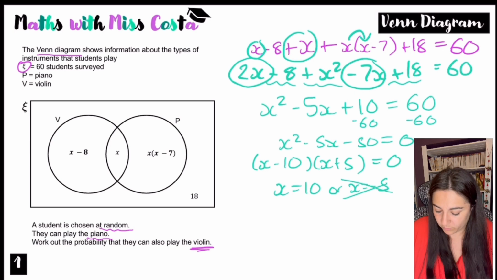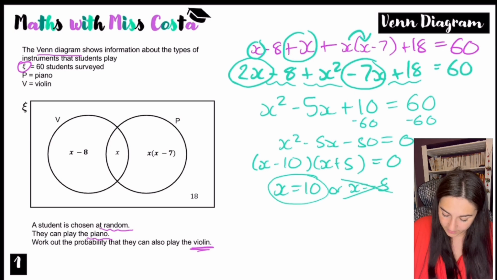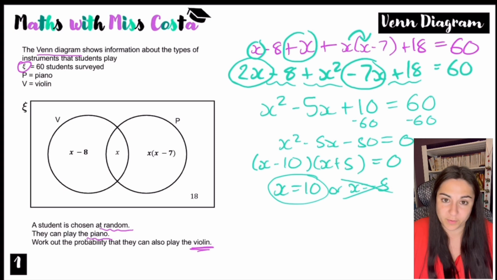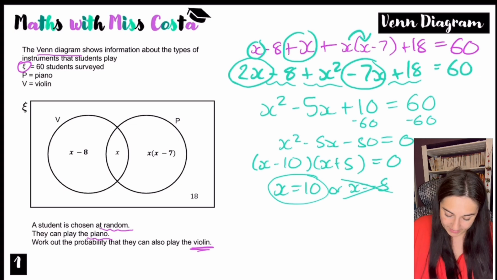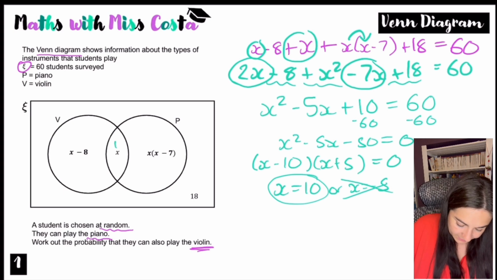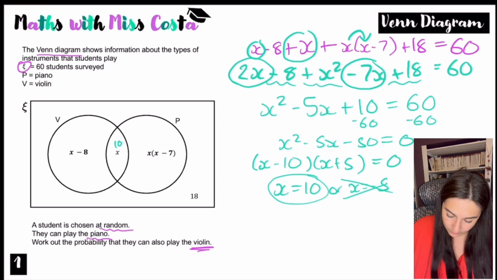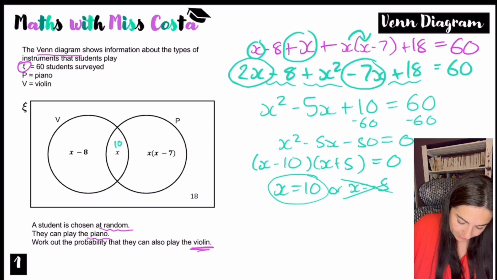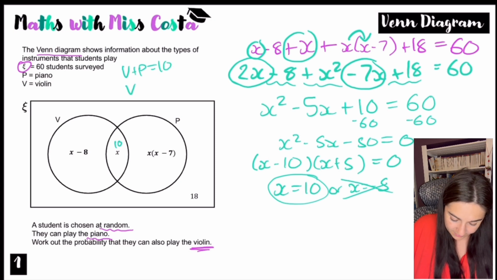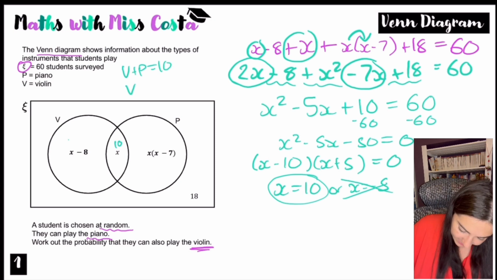Now we're talking about a real life context, so you're not going to use a negative value. You can't have negative 5 people that play the violin and piano. So x is 10. So I can substitute that in to work out all of my probabilities. So I know people that play the violin and piano is 10. People that play the violin is 10 take 8, which is 2.